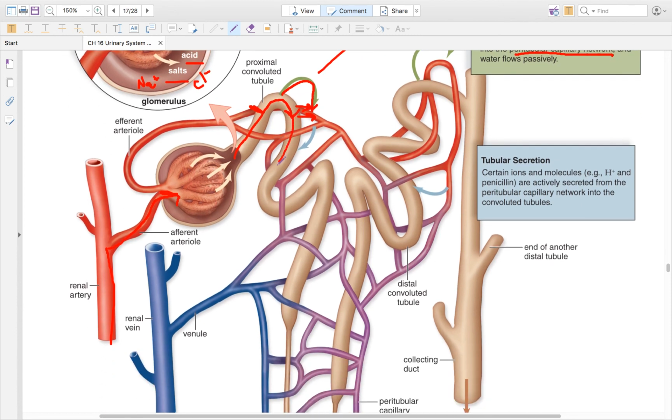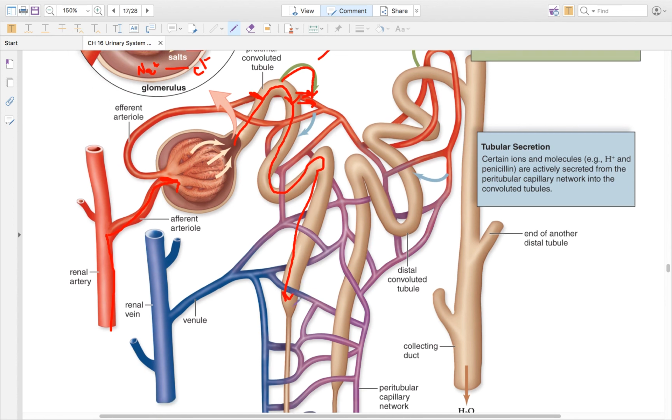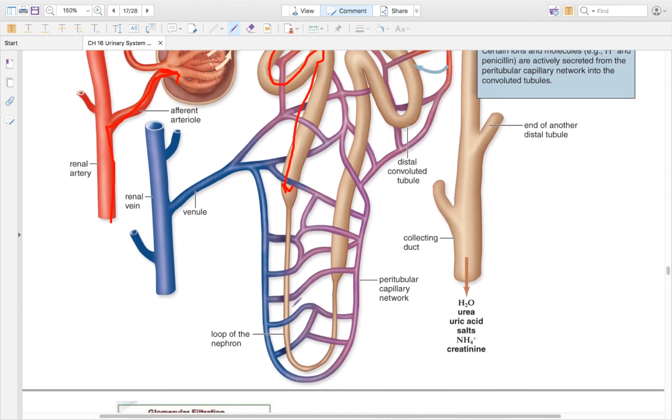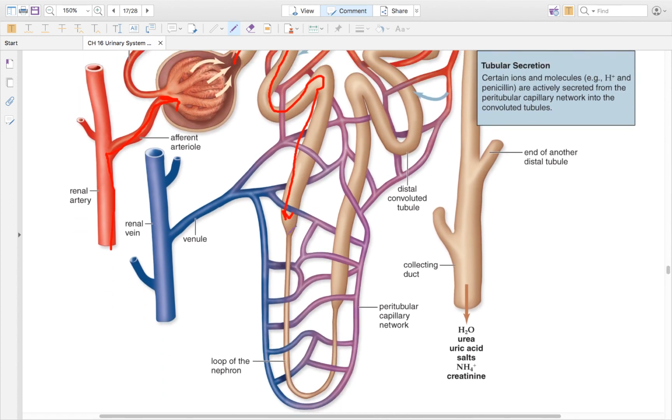Now this is going to keep moving though. After that reabsorption happens, it's going to keep moving and moving. It will move down the loop of Henle, down the descending limb, and up the ascending limb.